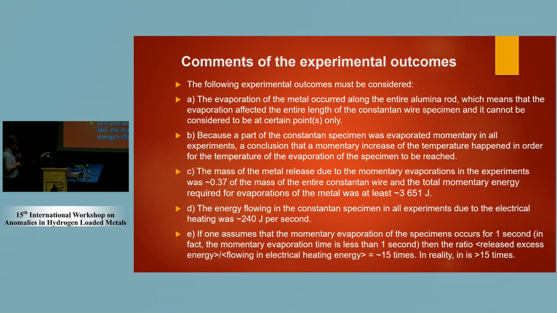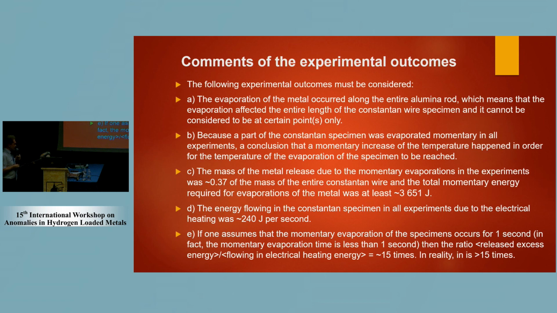At the same time, the energy flowing in the constant specimen in all experiments due to electrical heating was 240 joules per second. Now, as I mentioned, I assume that the evaporation was for 1 second, but in fact it was for less than 1 second.